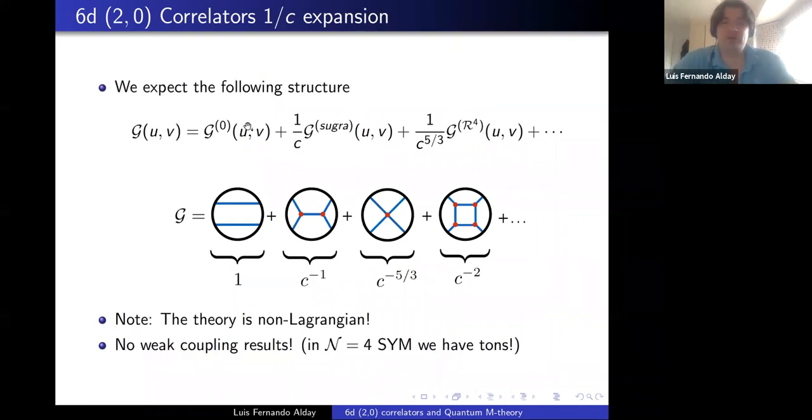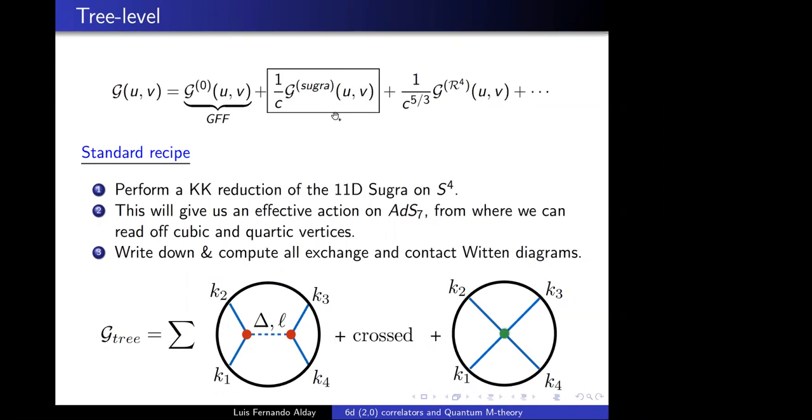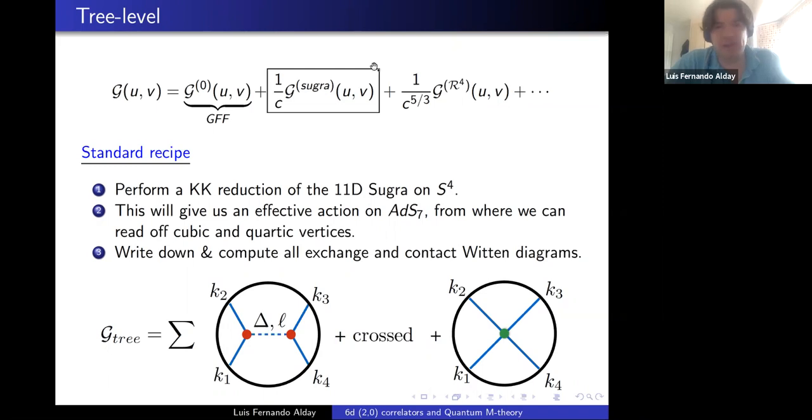I shouldn't have suppressed this. Sigma and tau is always there, and all these things will depend on sigma and tau as well. The dependence on sigma and tau should be understood, but I should have put it.